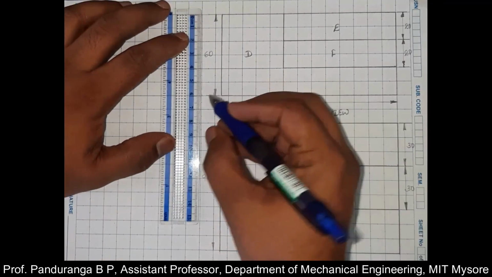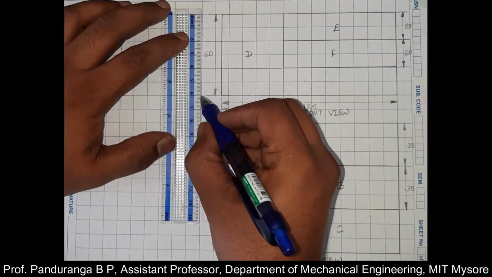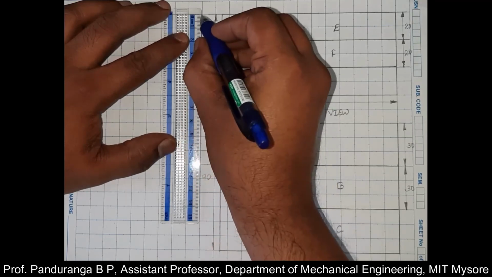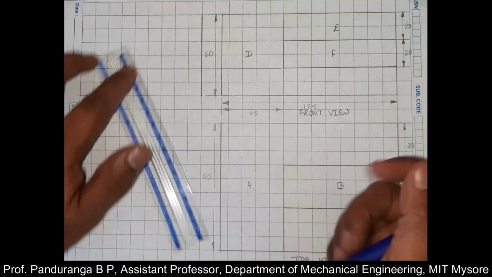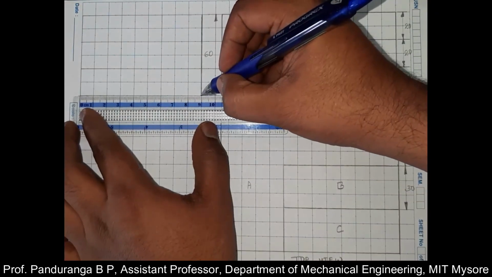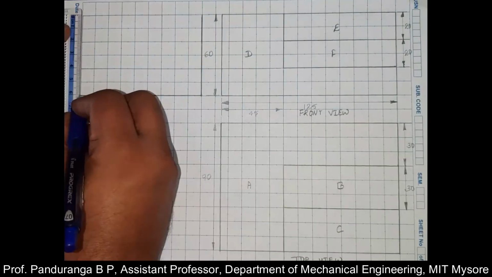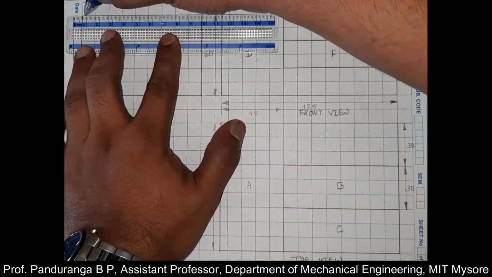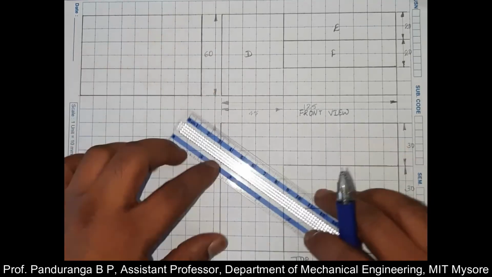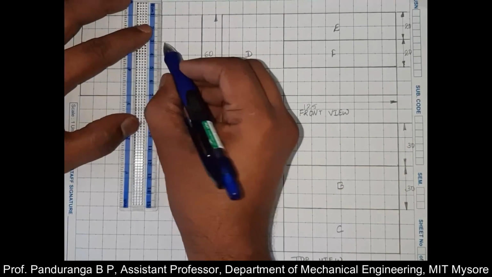Now I will highlight all the visible edges. So from here till here it is visible. All the outermost edges are visible. First I will draw all the outermost edges. Now we have a step here, which is we have edges which are visible here in the form of steps.